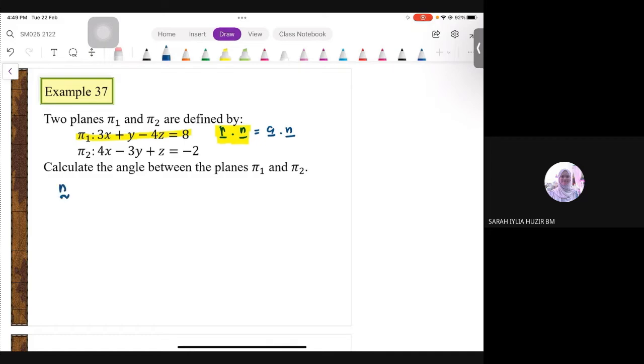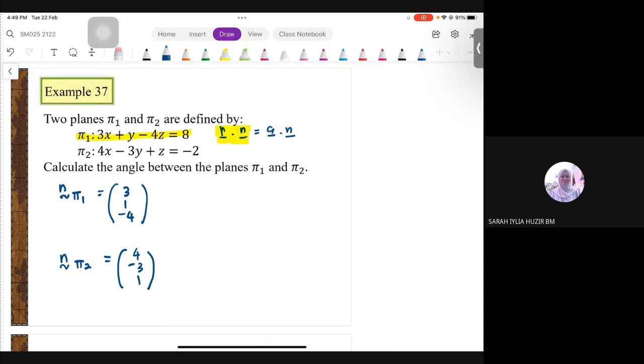So the normal for pi 1 should be 3, 1, and negative 4. Let's do the same for the second plane, pi 2. The coefficients of x, y, and z give the normal vector for plane pi 2, so the normal vector for the second plane will be 4, negative 3, and 1.